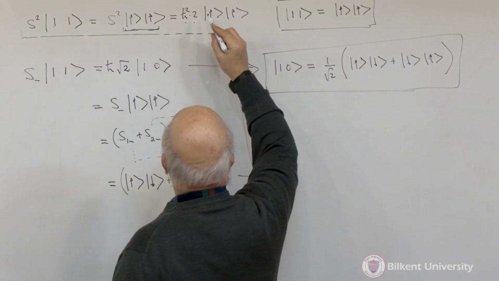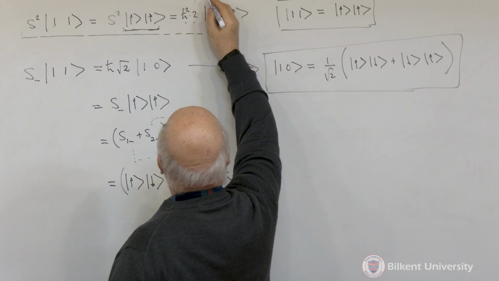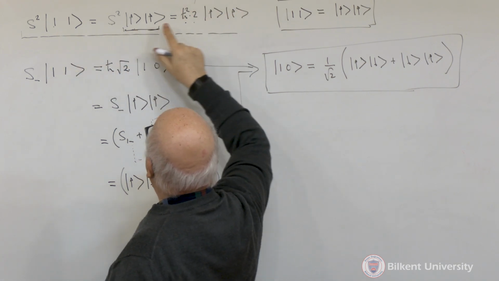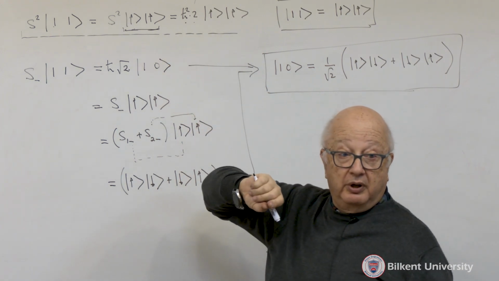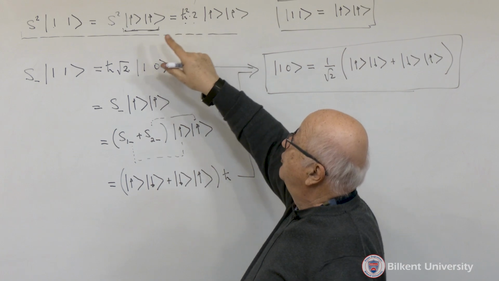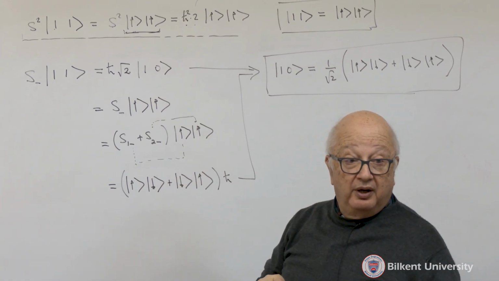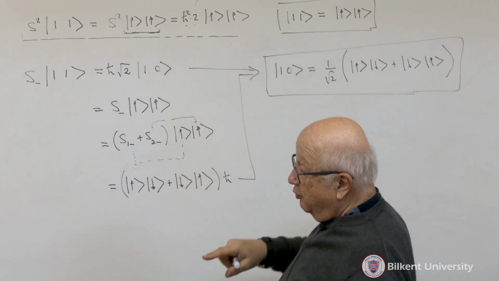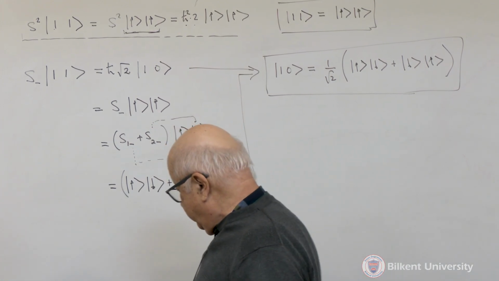Remember that this term here is S times S plus 1. So for S equal to 1, I should get 2. So I get the correct eigenvalue for S squared. And I also have the correct eigenvalue for SZ, wherever that is.